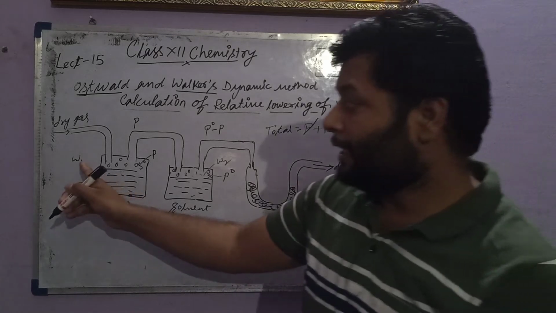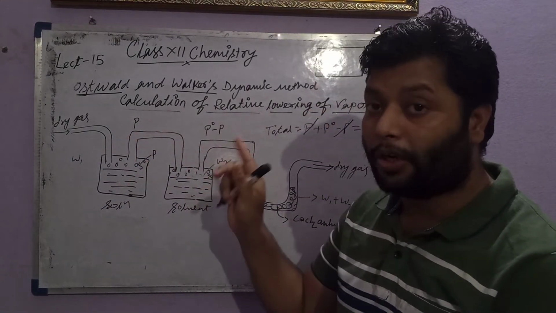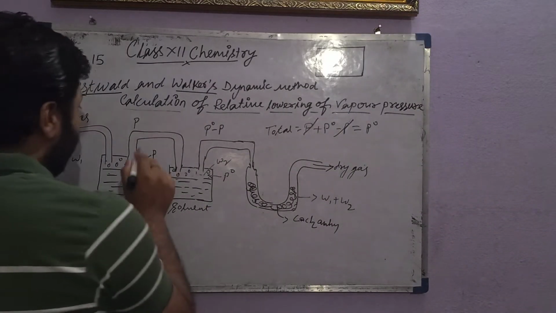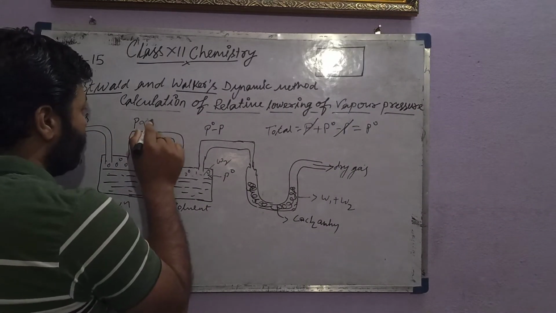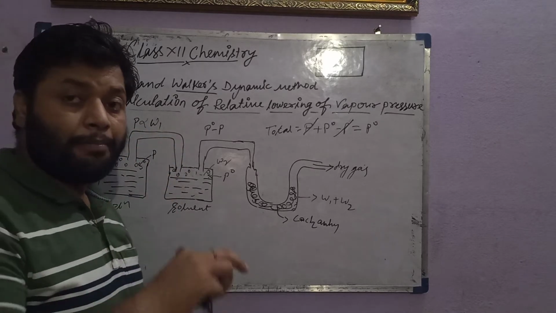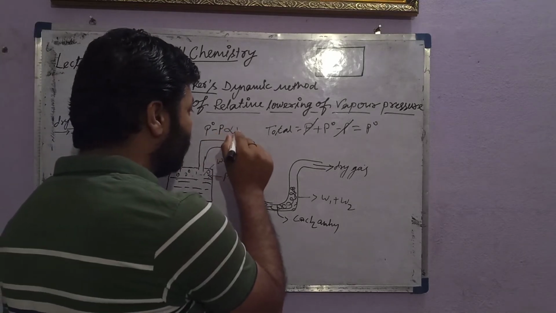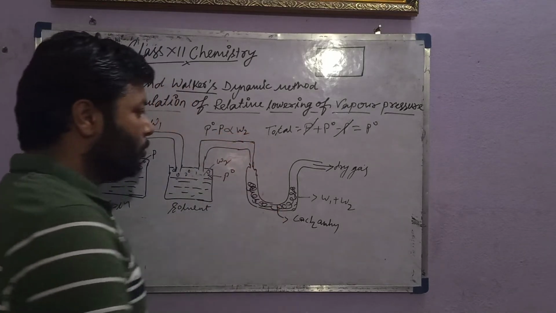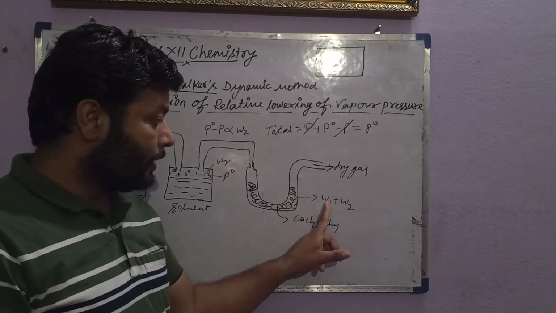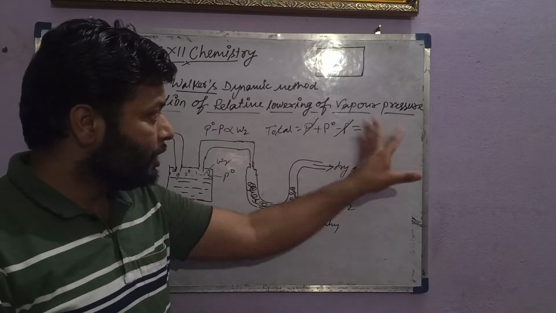You can say that W1 is proportional to P, because the P vapor absorbed by the dry air must be proportional to W1. The vapor mixed in the second vessel is P naught minus P, which must be proportional to W2. The total vapor is P naught.